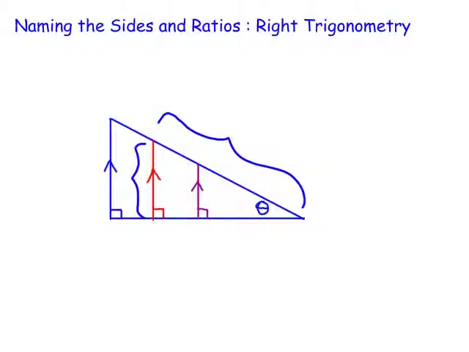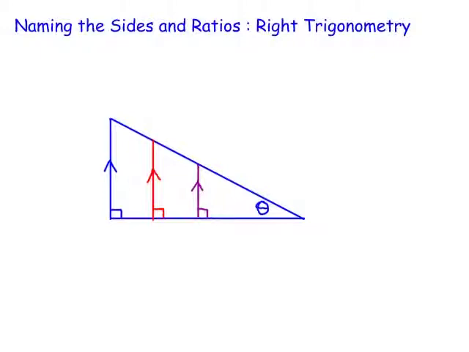So each angle will have the same ratio. No matter what size the triangle is, the ratio of a particular set of sides will be the same. And this is how we can define an angle.